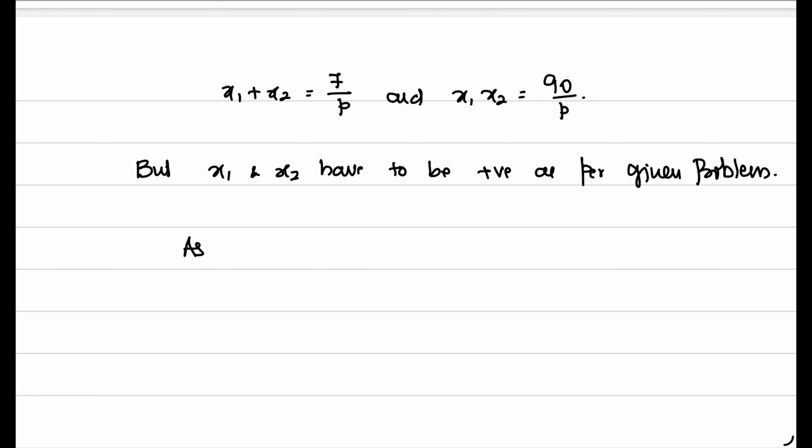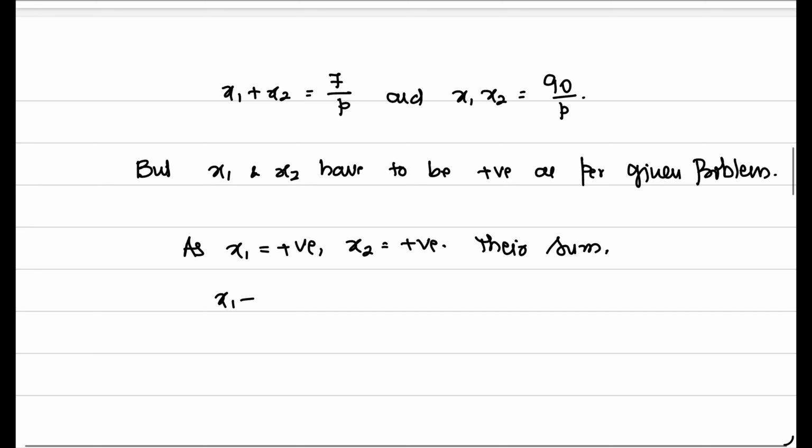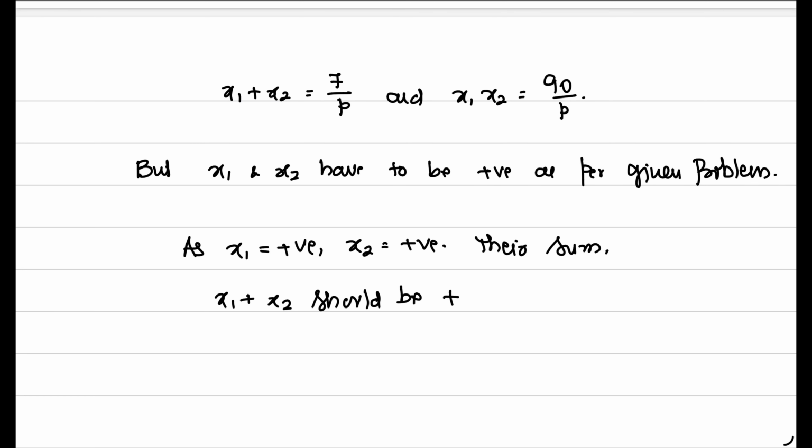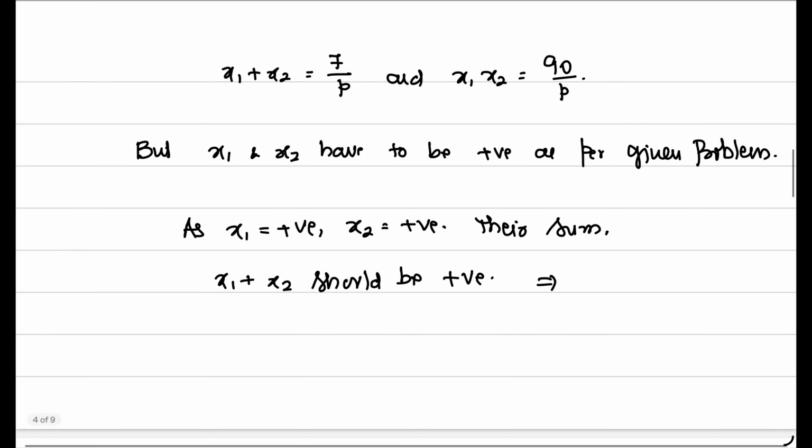Therefore, as x1 is positive and x2 is positive, their sum x1 plus x2 should be positive, because it cannot be negative. Two positive numbers can add up to positive only.